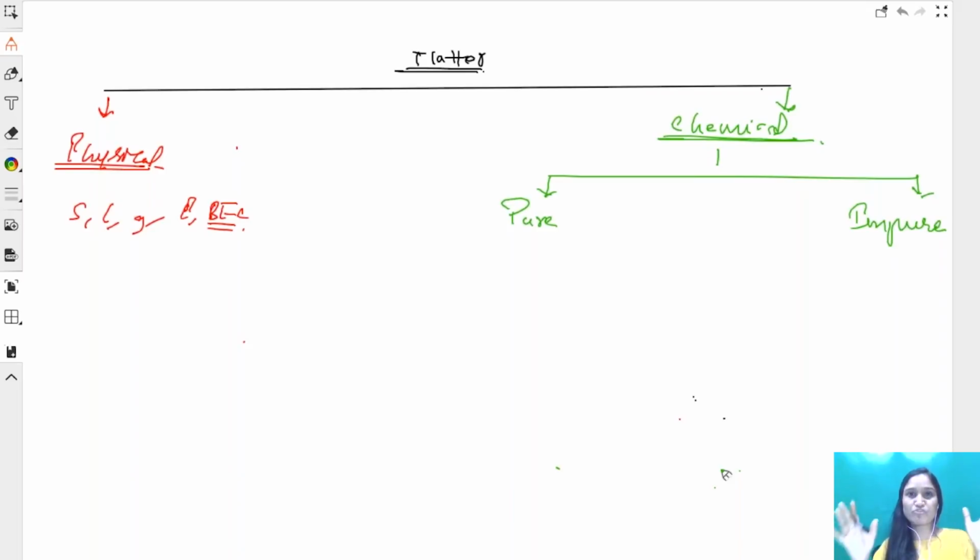You are playing in a room filled with so many smaller red colored balls, and I'm asking you to close your eyes and pick any two balls. Can you be sure that you are 100% going to pick red colored balls only? Obviously yes, right? Because you have only red colored balls there, nothing else. The balls that you pick, whether you close your eyes or open your eyes, would be red in color.